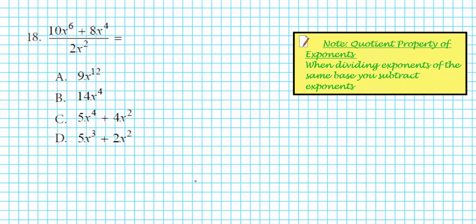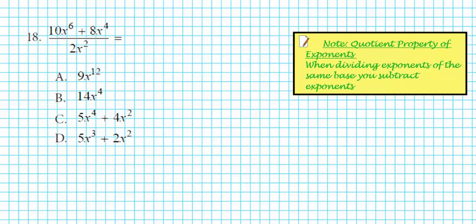All right, let's take a look at question 18. It reads (10x^6 + 8x^4) divided by 2x² equals. Now, one thing you want to remember is your quotient property of exponents. Anytime you're dividing exponents with the same base, you subtract the exponents.